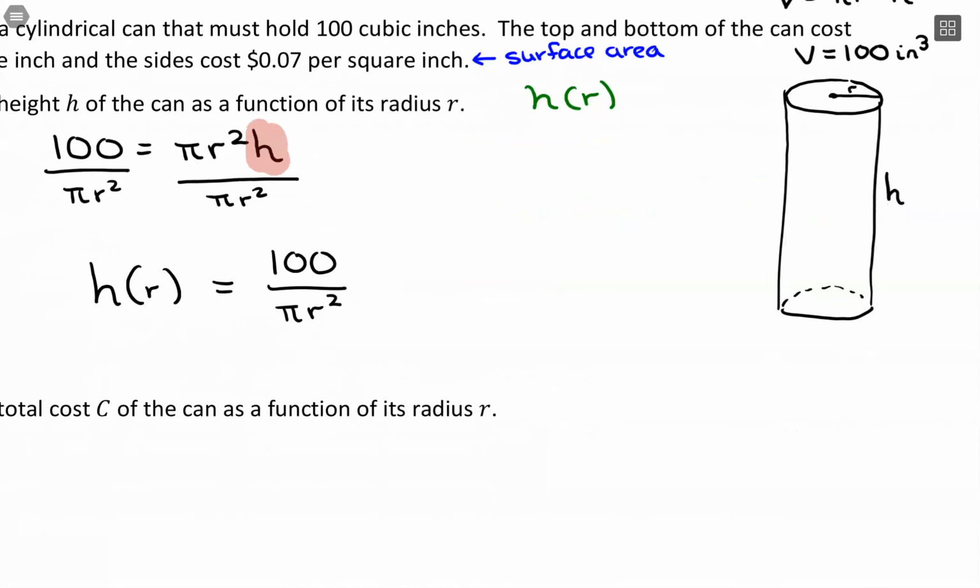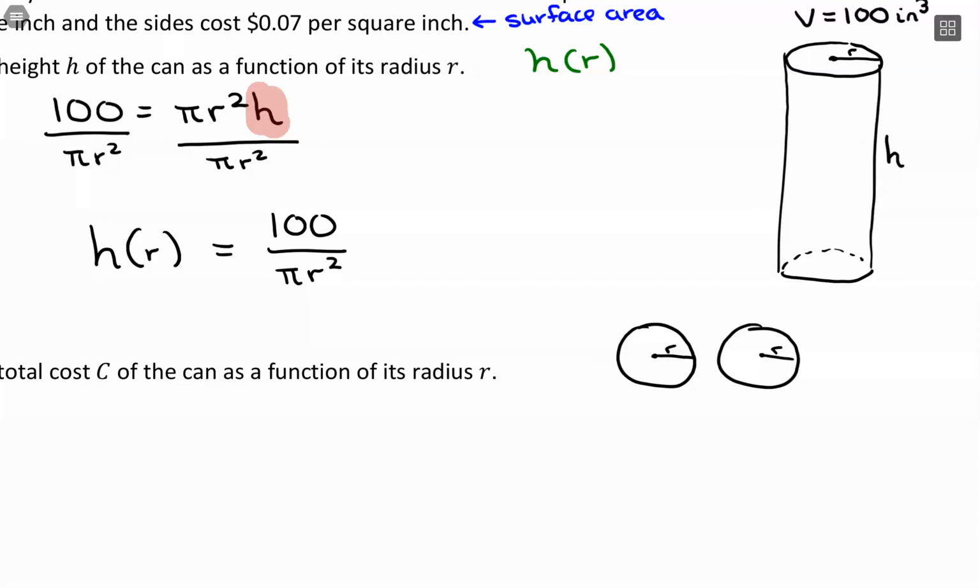So what you can imagine is if we deconstructed this can, what we would end up with are these two circles. So we'd have the top and bottom, each with their own radius. Well, they have the same radius. So we have those two surfaces. And then with the side piece here, it wraps around, but you can imagine if we just cut through it and laid it flat, it would lay flat like a long rectangle.